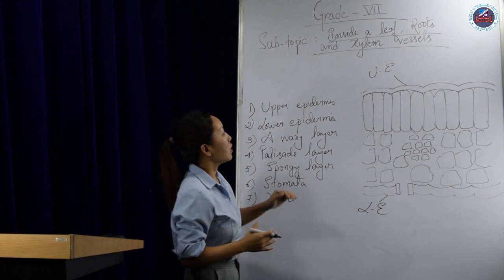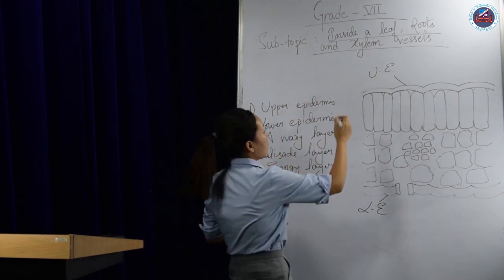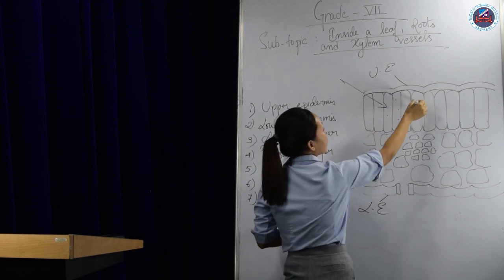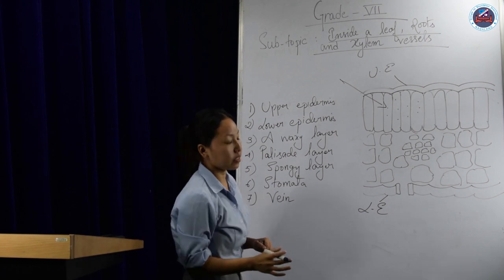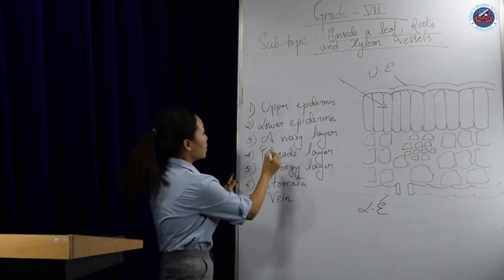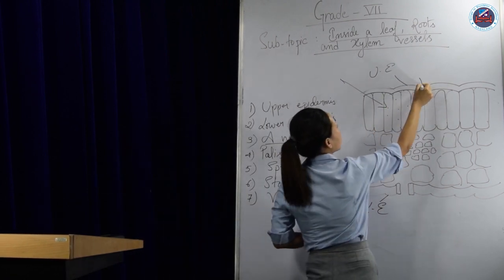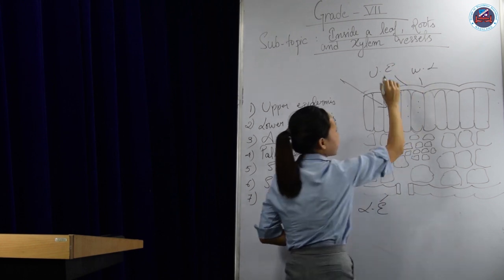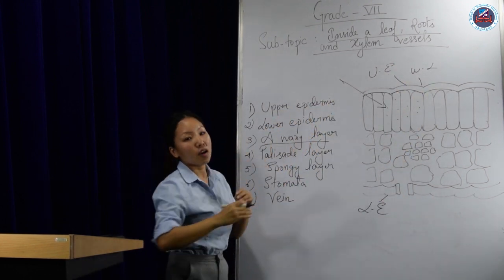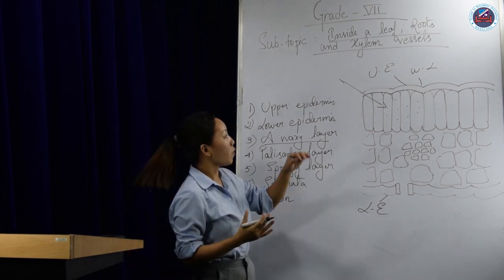This allows the sunlight to pass through the upper epidermis and reach to the photosynthetic cells for the process of photosynthesis. The upper epidermis also comprises of a waxy layer. This waxy layer protects the upper surface of the leaf and prevents the loss of excess water from the leaf.